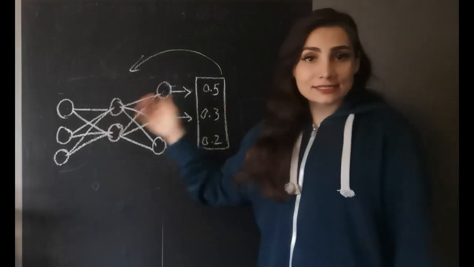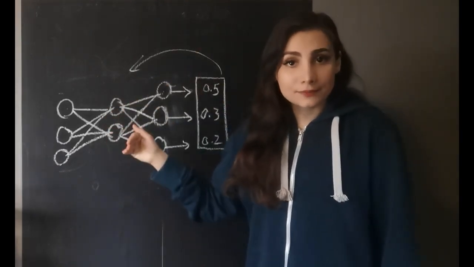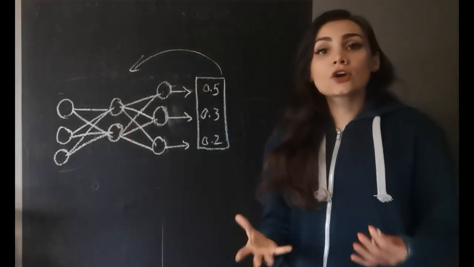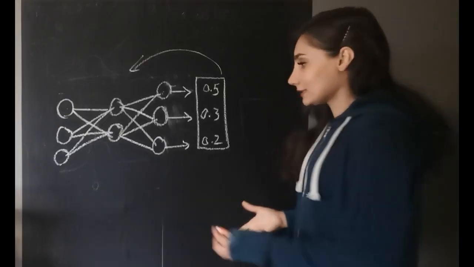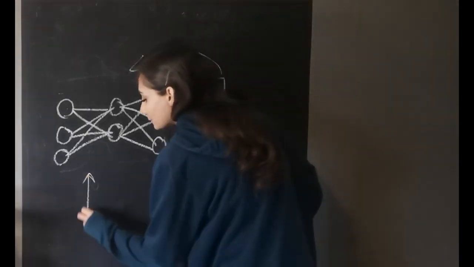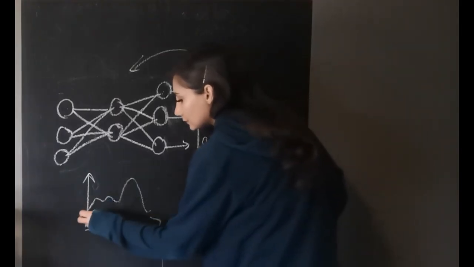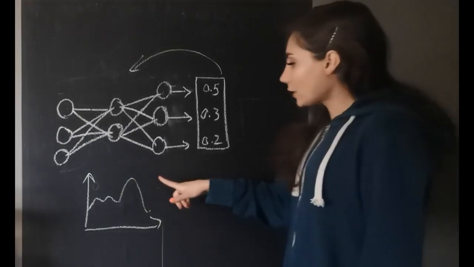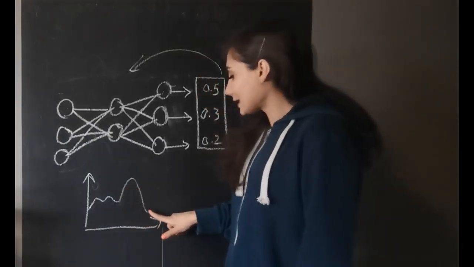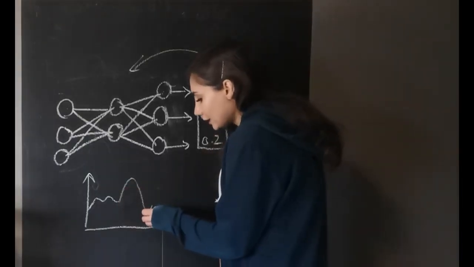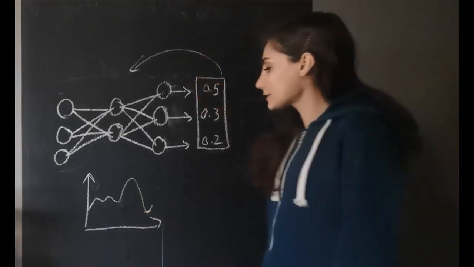For those weights to be updated, you're using something called gradient. For example, if you have a gradient here, it wants to go to the lowest point that's possible. For example, here this is the lowest point that is possible, right?